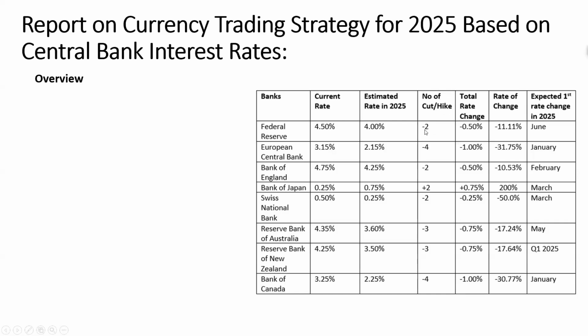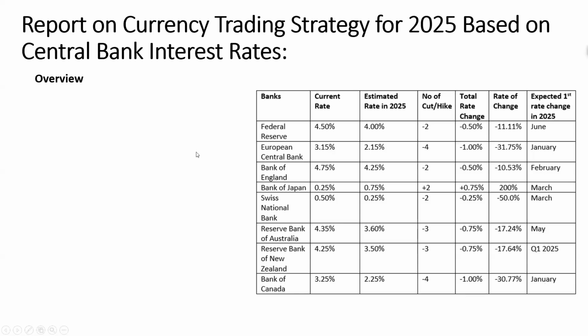If it's negative, that means they're going to cut. If it's positive, they're going to hike rates. Okay, now total rate changes, it's here. The rate of change of these rates compared to the previous number is here, and the expected month that the rates would be cut is listed here.